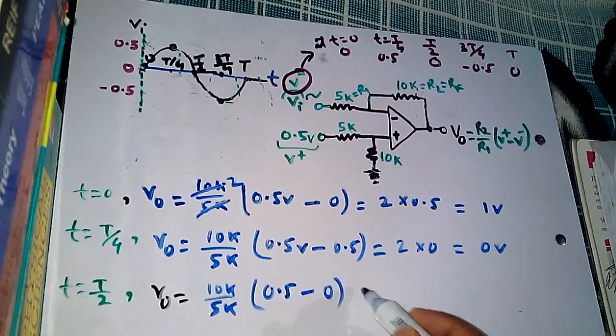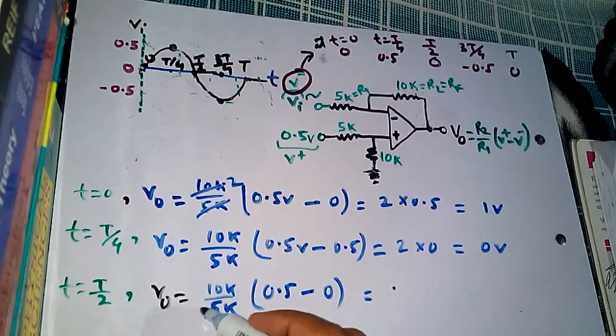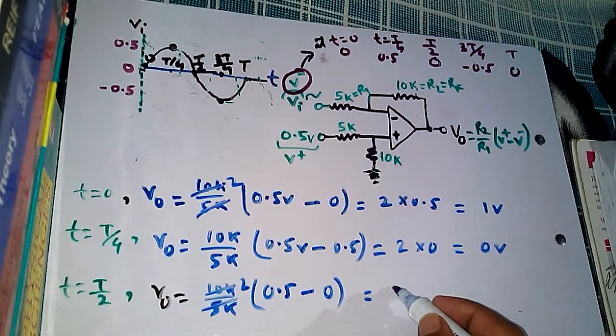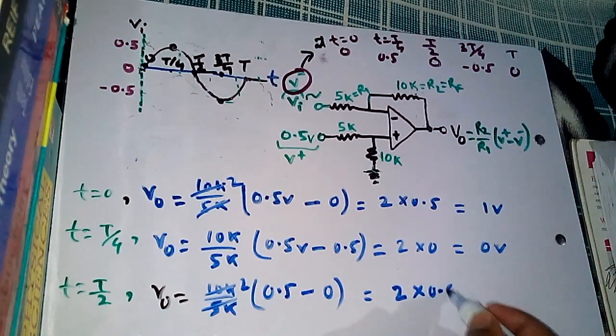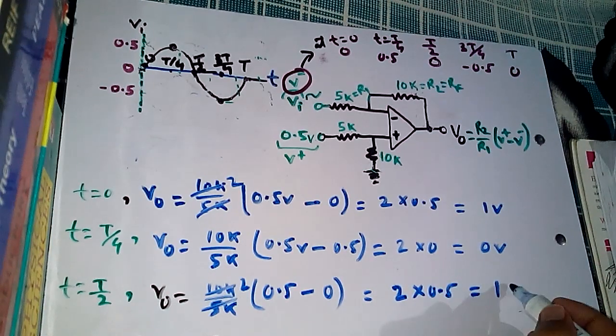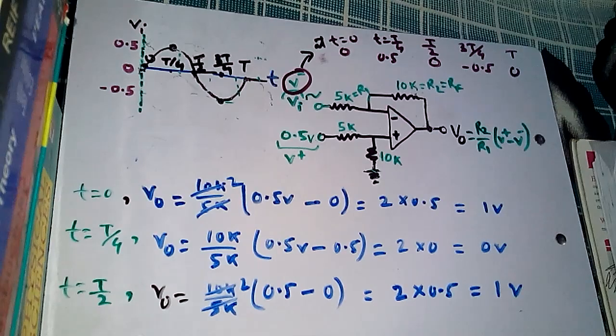So this is 2 times 0.5, that means 1 volt. Then let us find the output at t equal to 3T by 4.